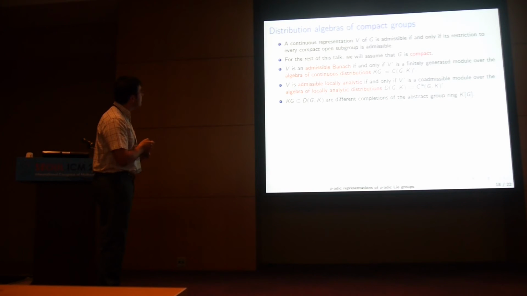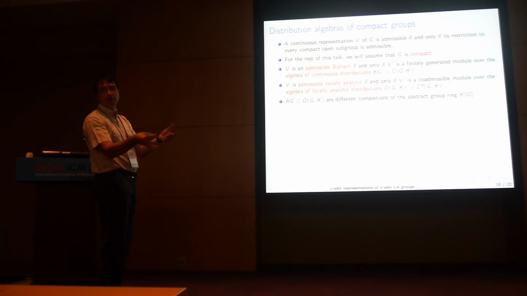So these are all continuous representations, and by definition, they are admissible if and only if the restriction to compact open subgroups of the group is admissible. So the admissibility condition is completely determined by the way compact open subgroups act on the given continuous representation.